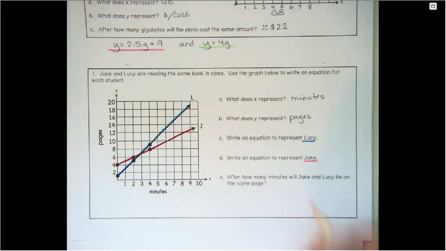Do that on your own pages as well, if it makes it easier for you. It's just a colored pencil or a crayon.